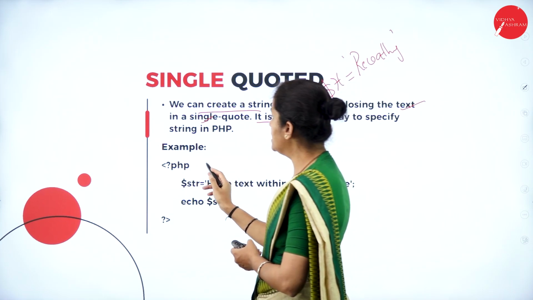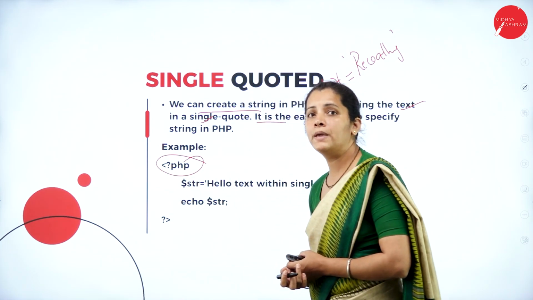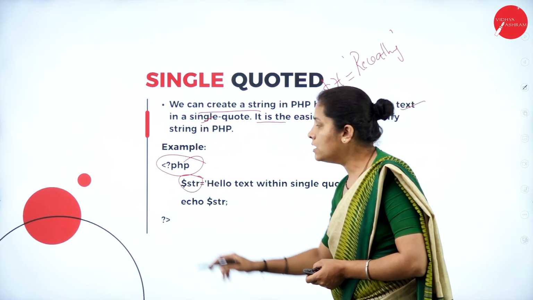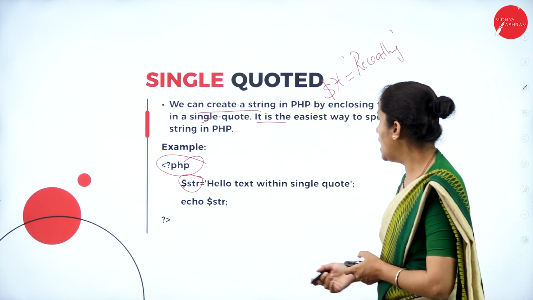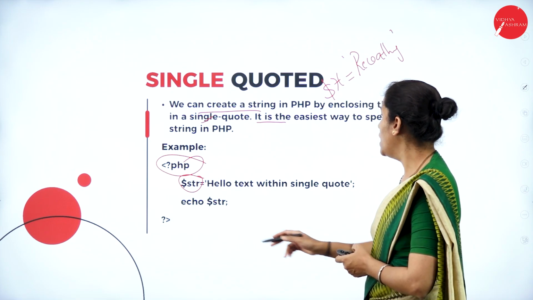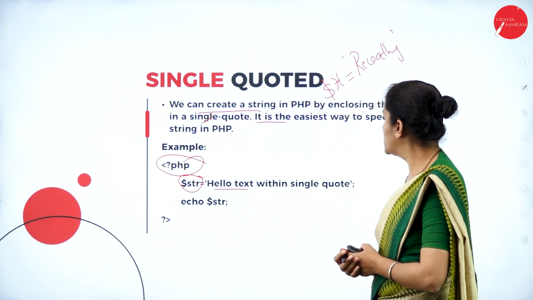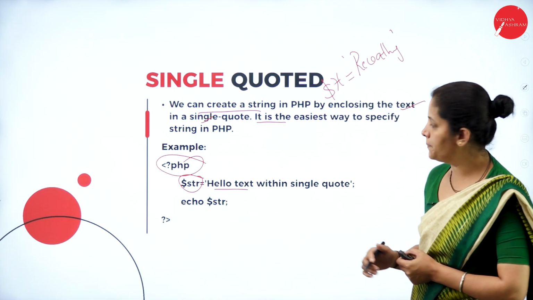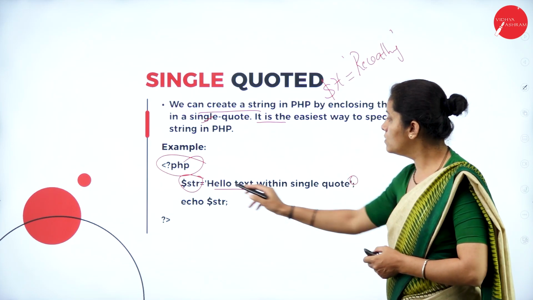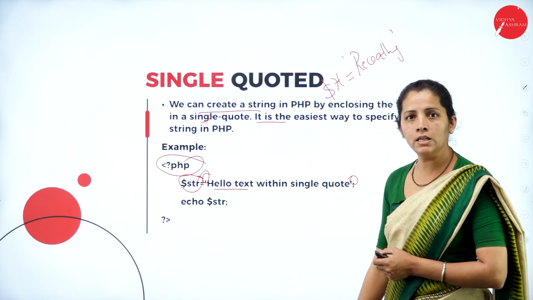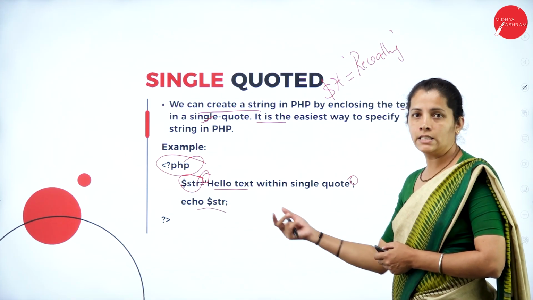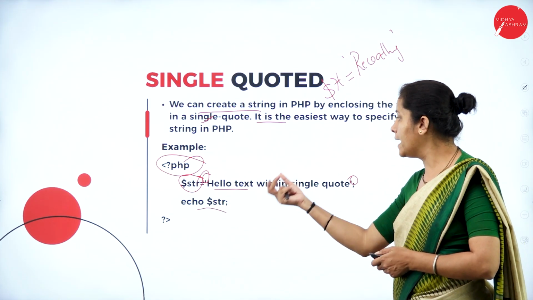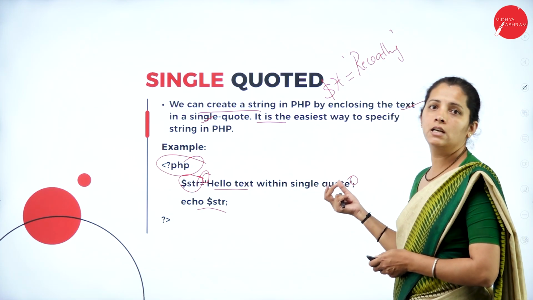See here, this is my PHP script. Dollar str is a string variable and I'm assigning the value hello text within single quote, with an opening single quote and a closing single quote. When I display the str, I'm getting hello text within single quote.